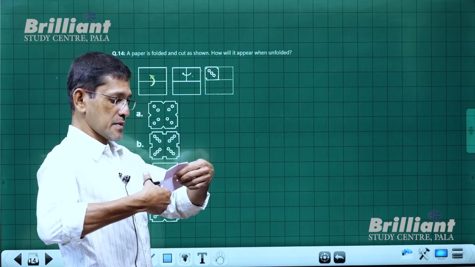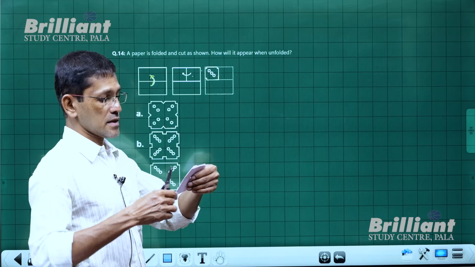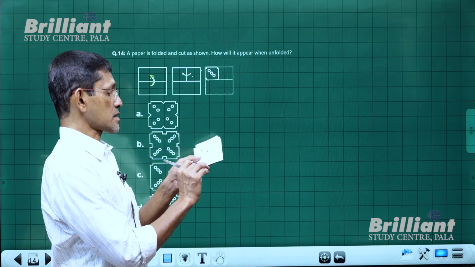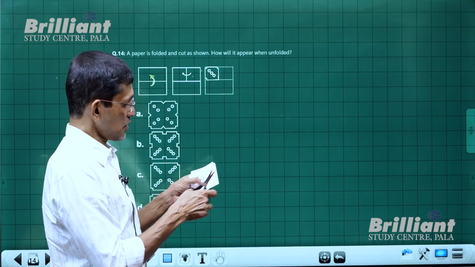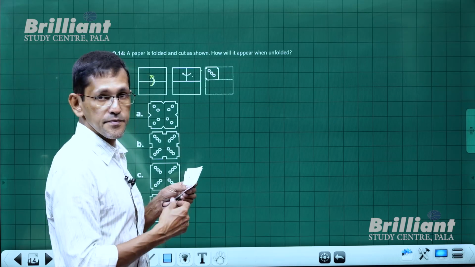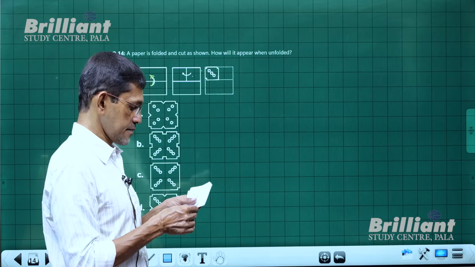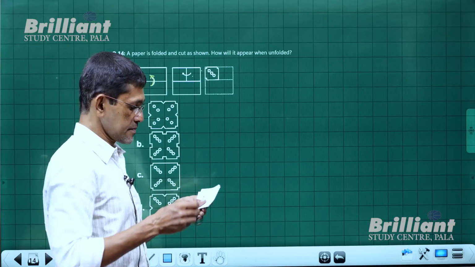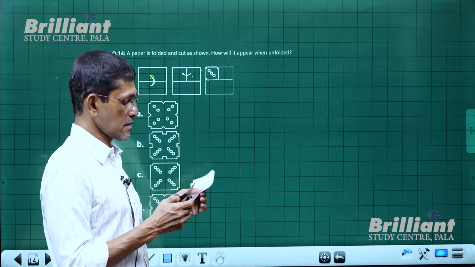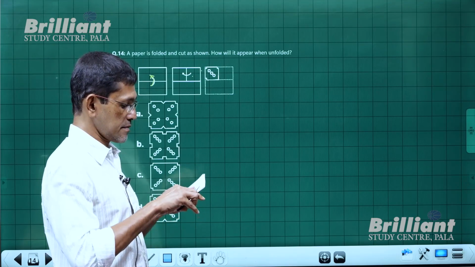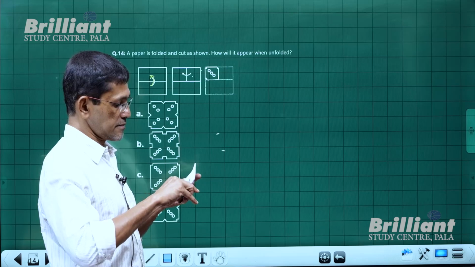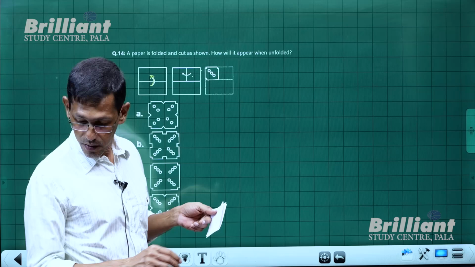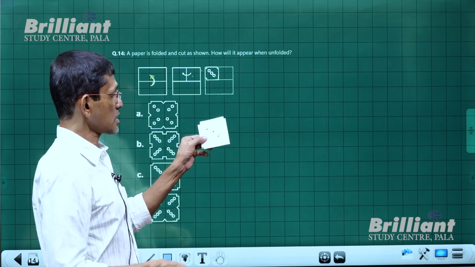Okay, so that's pretty much how the second hole is cut. So we have 2 holes, something like this. Okay, so we have 1 more hole to be cut. So this is how all the 3 holes are cut.